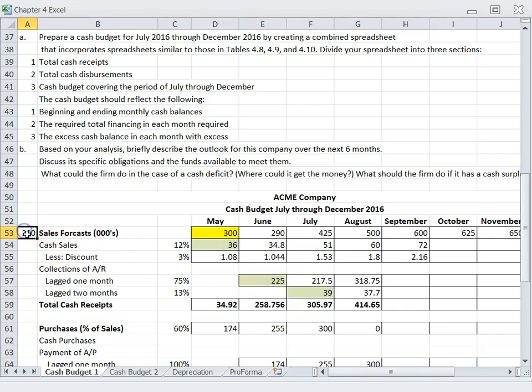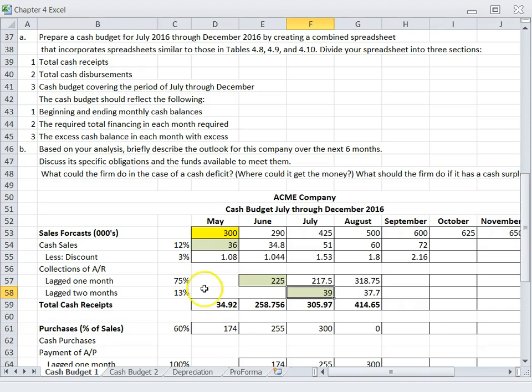I get the 300,000. See this 300? This 300 is broken up. It's time shifting. 12% now, 75% a month later, 13% 2 months later. So we're time shifting here. And for some people, it's difficult to comprehend that.